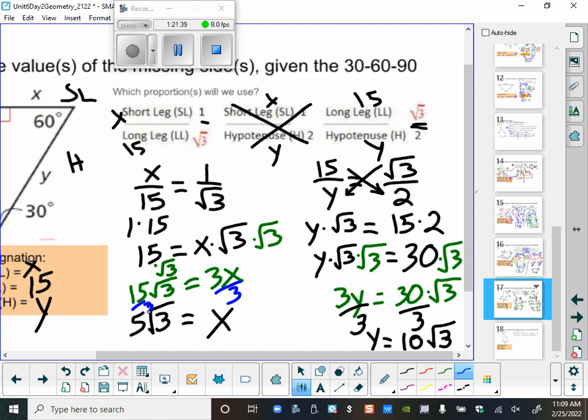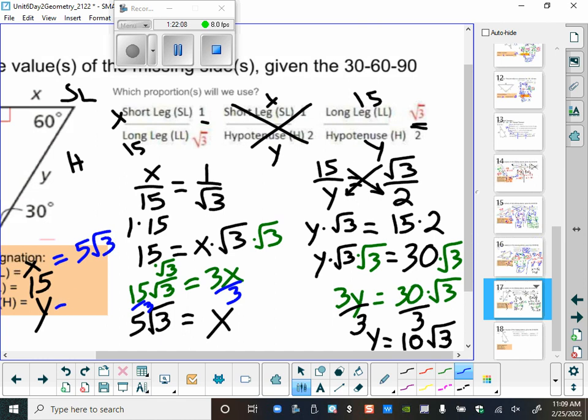All right, then the last one. I'll just give you the last one real quick. Oh, you know what? The last one is just like this one. Don't worry about the last problem. Here's why. What's the short leg for this problem? 5 square root of 3.